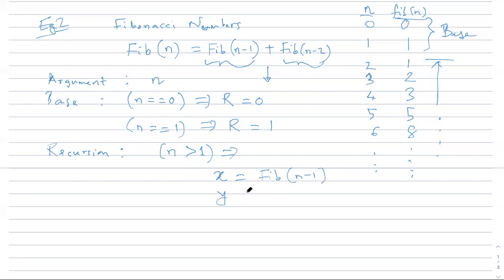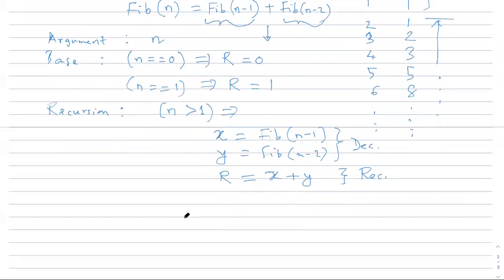And we are computing y equal to fib of n minus 2, and this is our decomposition step, and the recomposition step is x plus y. So this is the recomposition step.